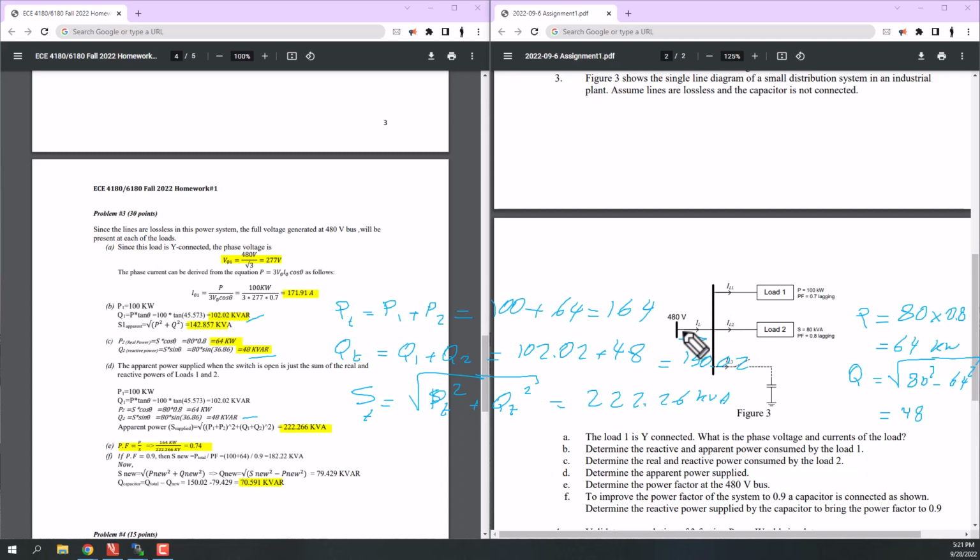Well, we know that the power at this bus is the values that we already have calculated here, and for calculating the power factor we can just write P total divided by S total, which will be 164 divided by 222.26, which gives here 0.74.